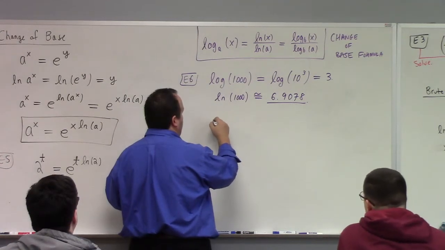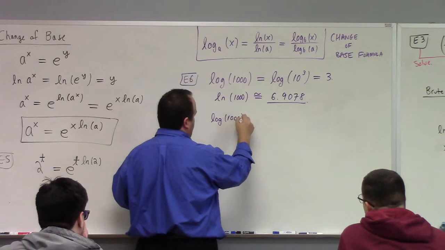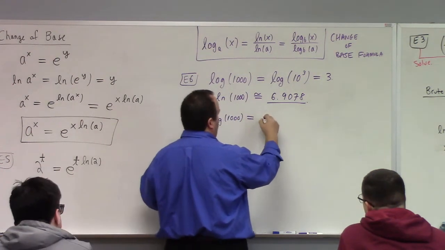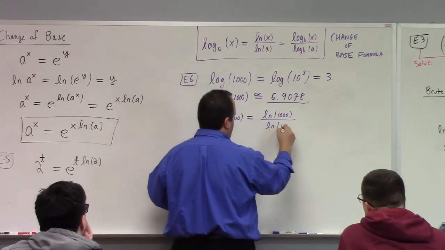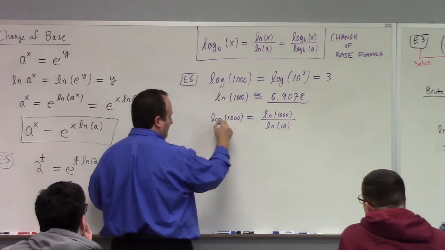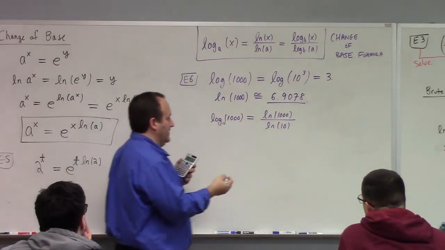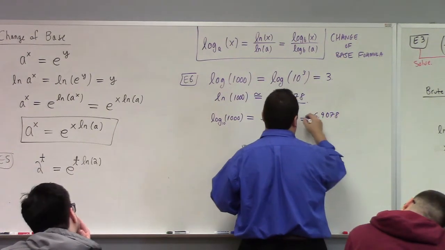Log of 1,000, we could also write as natural log of 1,000 divided by the natural log of 10, because this is log base 10. Now the natural log of 1,000 is 6.9078-ish.